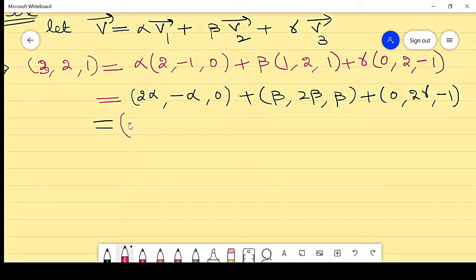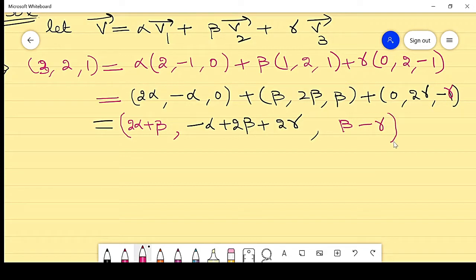So first is 2 alpha plus beta, second is minus alpha plus 2 beta plus 2 gamma, and third is beta minus gamma. So this is the right hand side and this is the left hand side, which is (3, 2, 1).